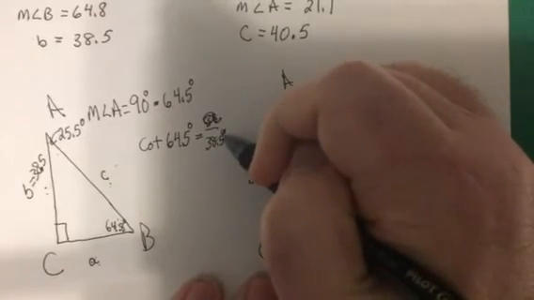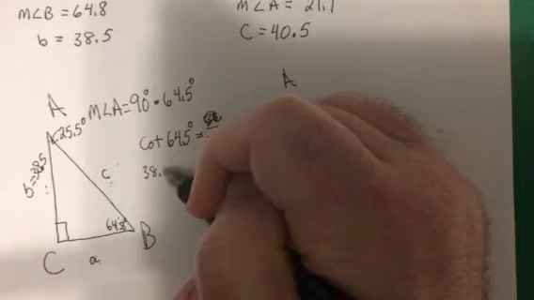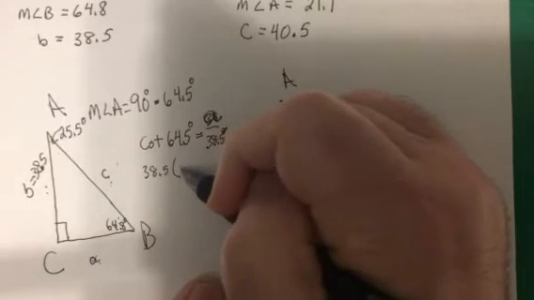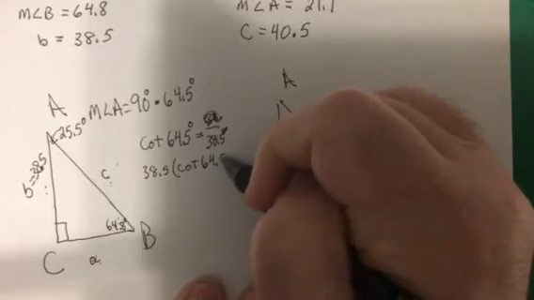That's not supposed to be a degree. I would cross multiply, so it's 38.5 times the cotangent of 64.5.